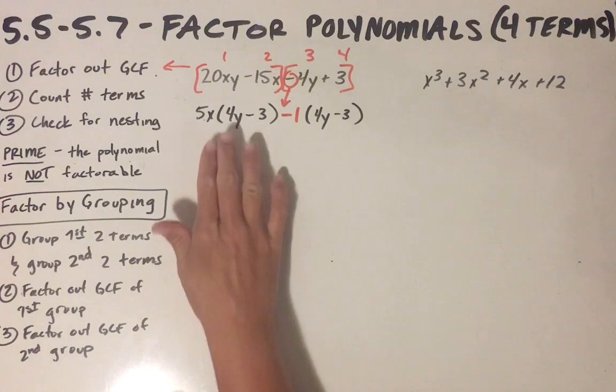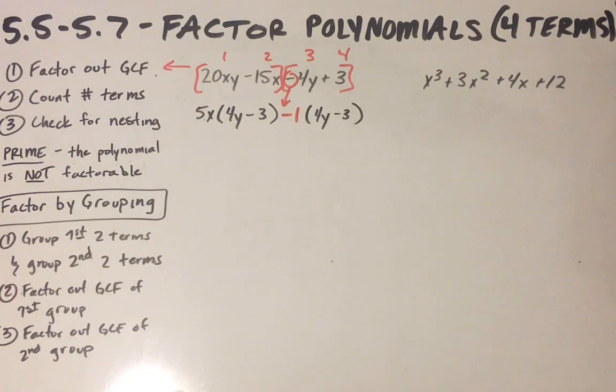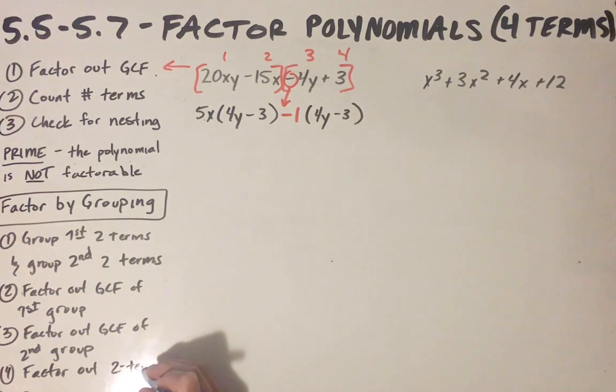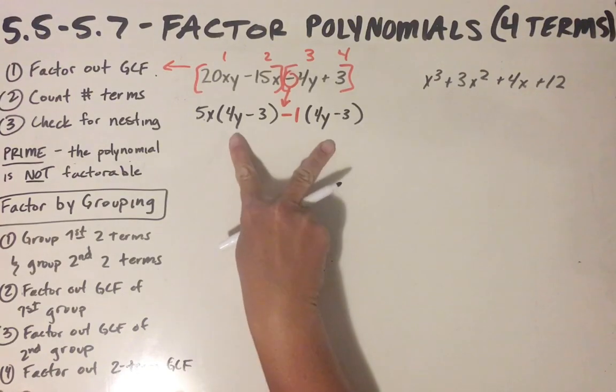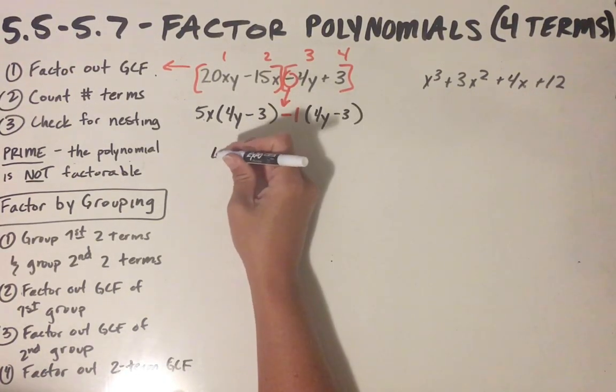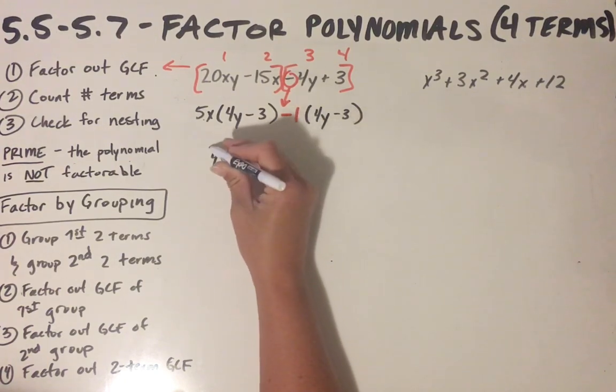Now that I've gotten the GCF out of both groups, I'm going to factor out the two-term GCF. This is the two-term GCF that I see both of these terms have. They both have a 4y minus 3.